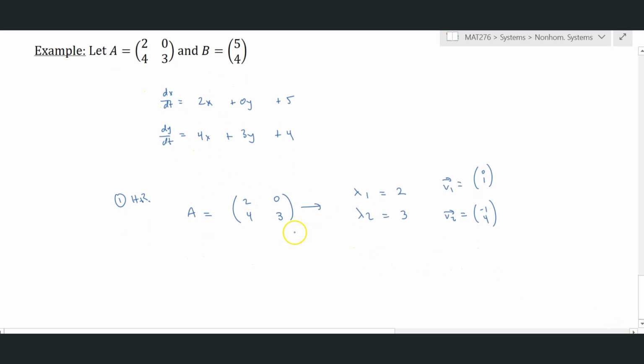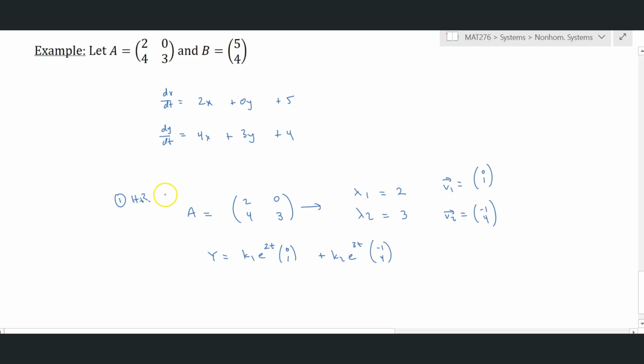And now we want to put this all together. So we know that we have two real eigenvalues. So our solution is going to be y equals k1 e to the lambda 1 t, so e to the 2t, times v1, the vector 0, 1, plus k2 e to the lambda 2 t, e to the 3t, times v2, negative 1, 4.